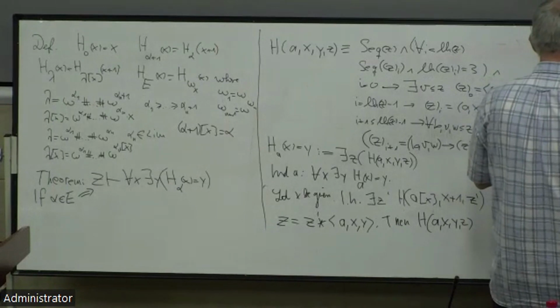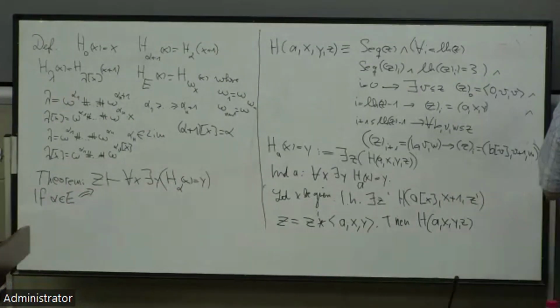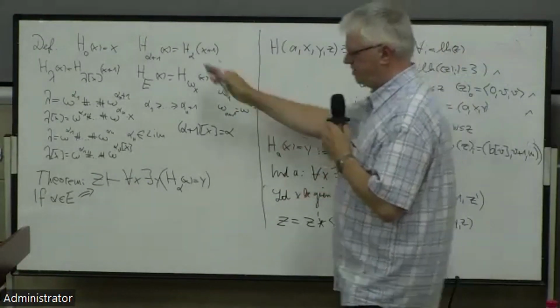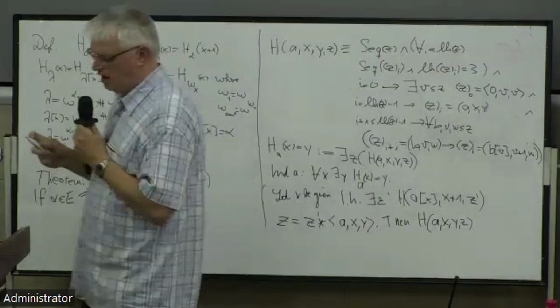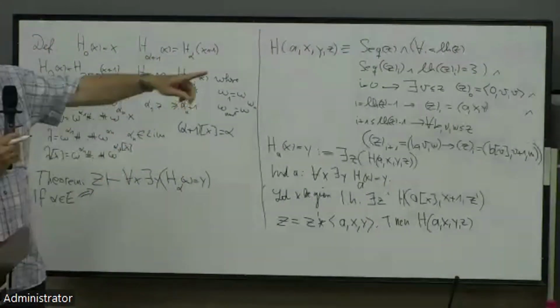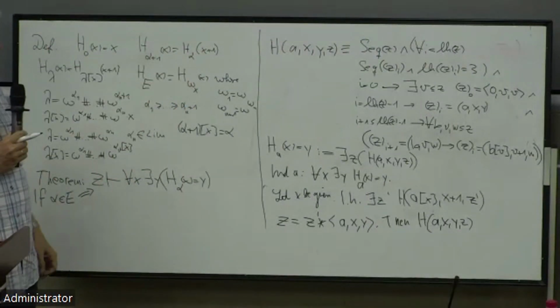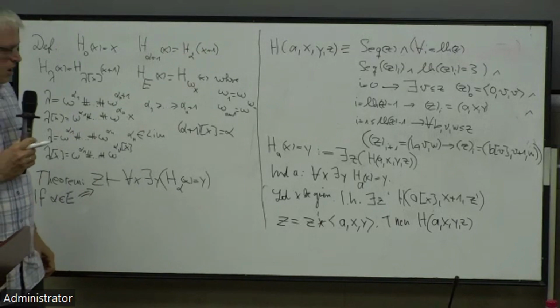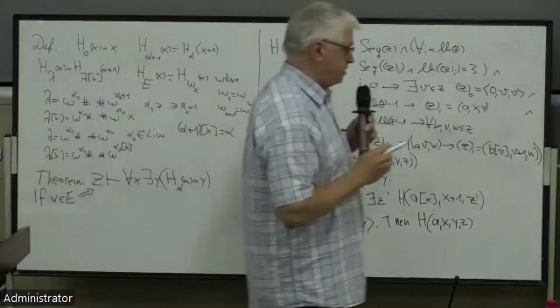Z does not prove for all x there is a y such that h e of x is equal to y. Now, h e of x is defined by this clause, and one can easily define the computability predicate also for this equation.